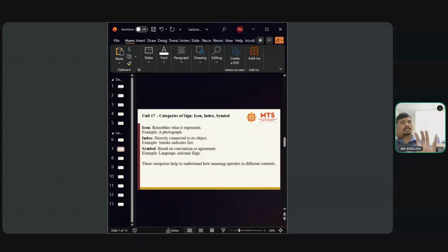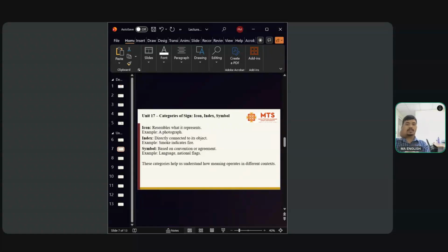And now the third category is the symbol. A symbolic sign is based on what? It is based entirely on convention or social agreement. There is no natural resemblance or physical connection involved. So the relationship is purely arbitrary and agreed upon by the community.